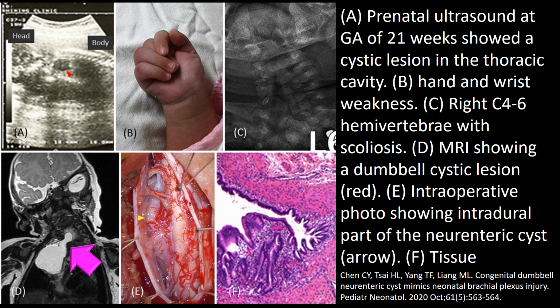This was followed by an MRI, and in the MRI, you can appreciate, in addition to the vertebral abnormalities, the fact that there is a large cyst compressing the brachial plexus. The cyst was exposed during surgery, and histology proved it to be a neuroenteric cyst. These cases emphasize the variety of clinical manifestation and age of presentation of neuroenteric cysts.